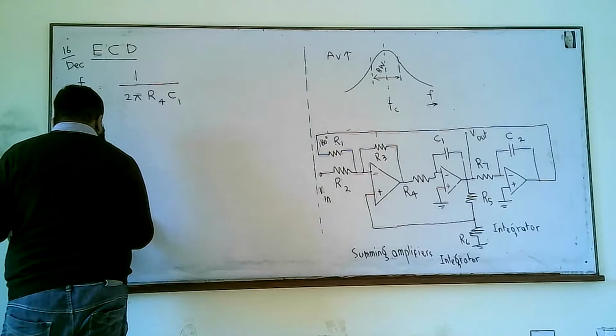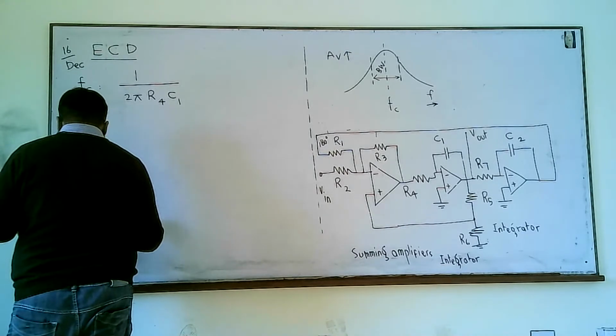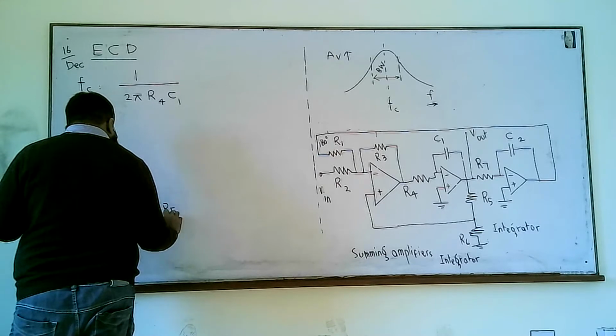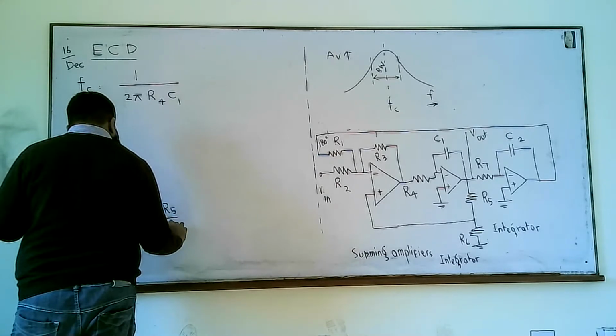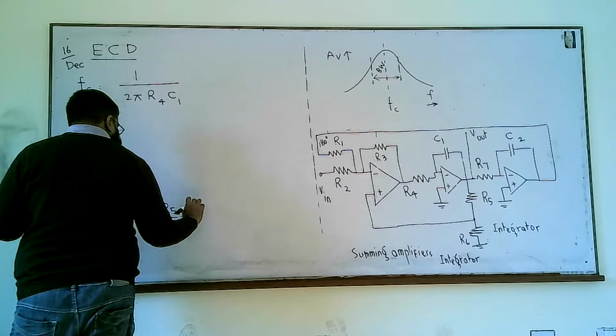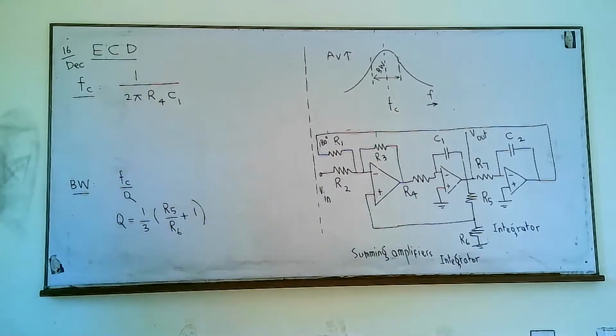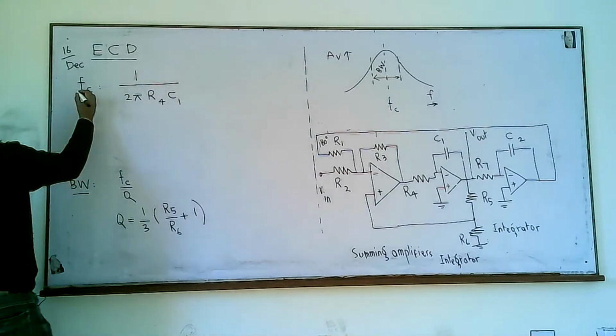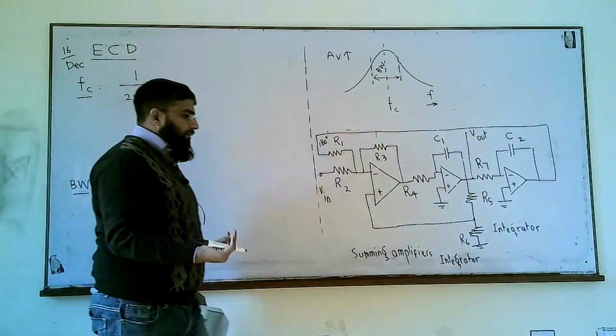Q for this can be computed as 1 over 3 times R5 over R6 plus 1. So now we have computed Fc and the bandwidth, and we can draw the characteristics.